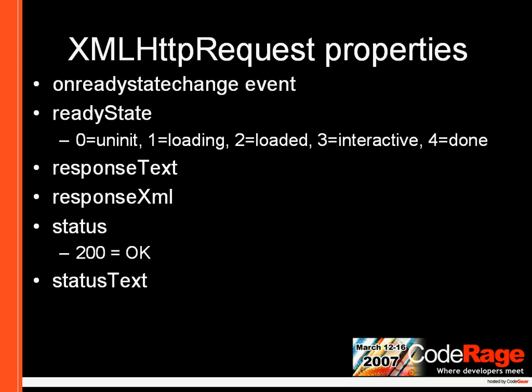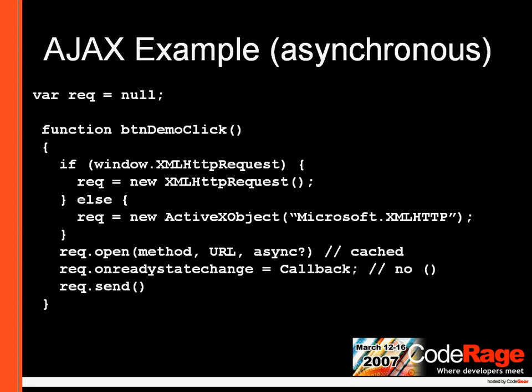To use this information in an asynchronous AJAX example, we use the same code we used before, with the difference that this time between the call to open and send, we set the onReadyStateChange event handler to some kind of callback function, and in place for the asynchronous value we say true, so we want to make an asynchronous request.